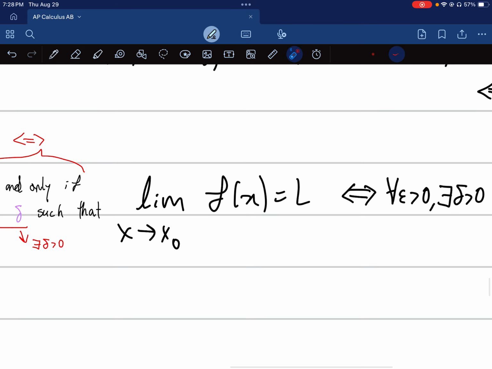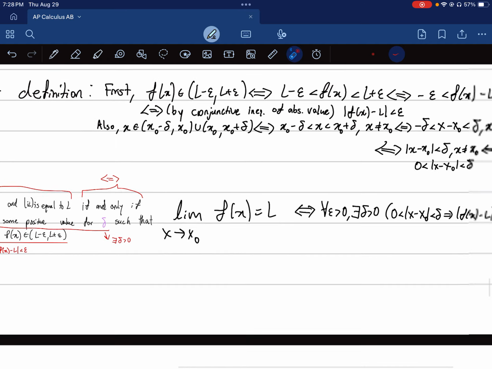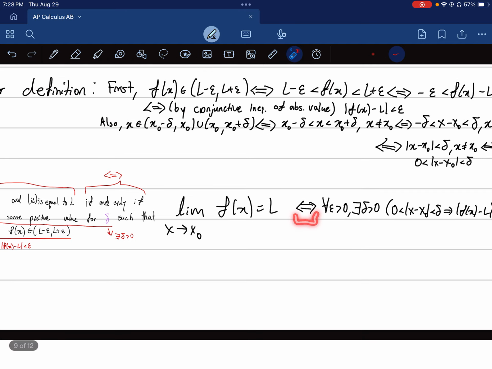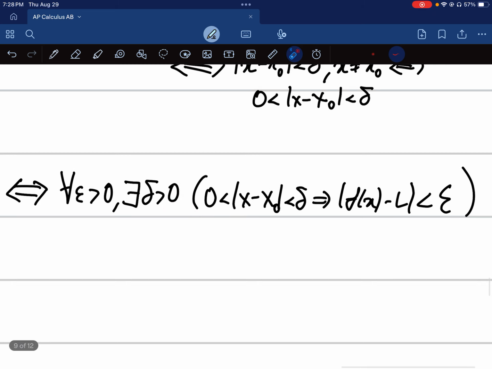So the limit as x approaches x naught of f of x equals L if and only if, or is logically equivalent to, for all epsilon greater than 0, there exists a delta greater than 0 such that 0 is less than the absolute value of x minus x naught is less than delta.